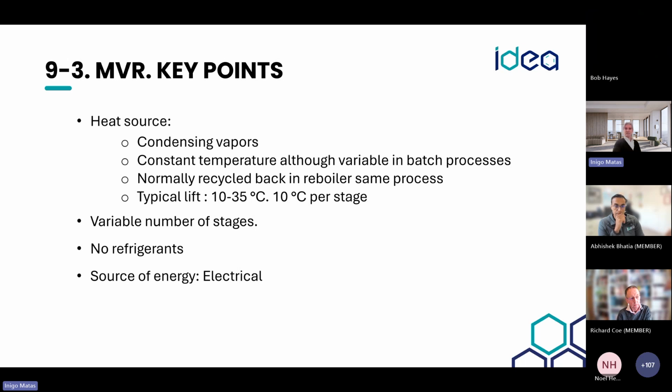In these systems, I didn't say that for the TVR, but we are not using a refrigerant. We are using the same fluid to transmit the energy. Normally the power is electrical, and this kind of compressor uses a significant amount of energy. It's very good technology for evaporation and concentration duties, where we have a stable vapor generation.